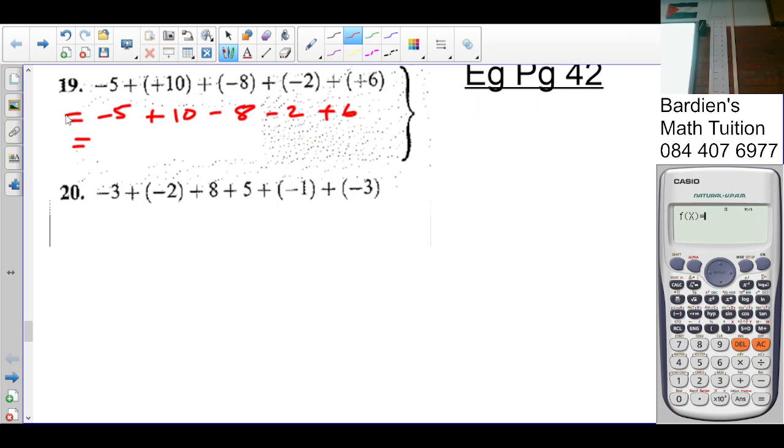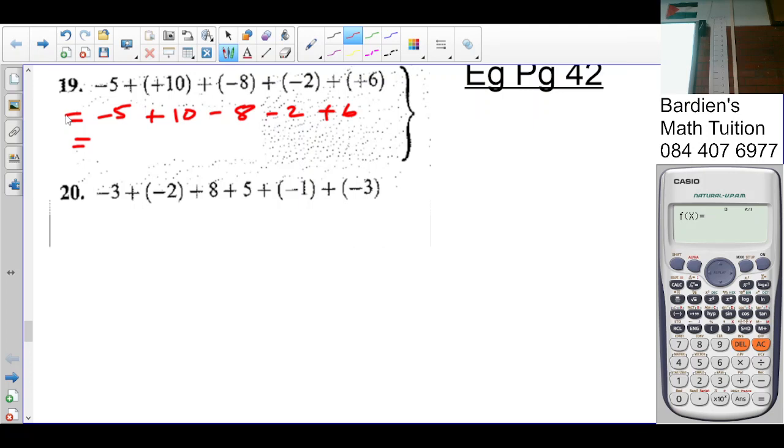It's 5. What is 5 minus 8, Michael? No. It's negative 3. What's negative 3 minus 2? Negative 5. That is why you need a number line, Michael.